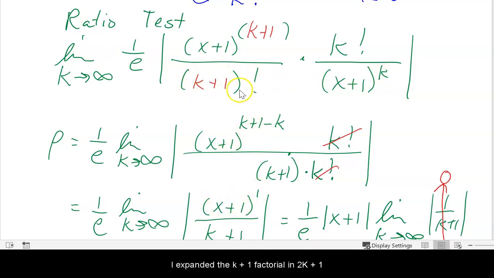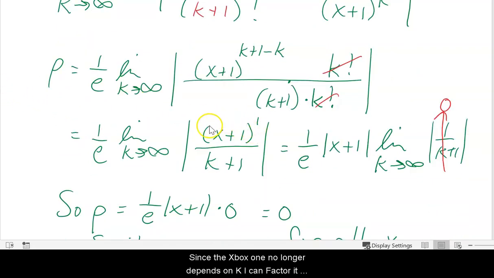I expanded the k plus 1 factorial into k plus 1 times k factorial, which then canceled with the k factorial in the numerator. Since the x plus 1 no longer depends on k, I can factor it out of the limit. Because it has an odd power, I have to include it in the absolute values. This left the limit of 1 over k plus 1, which goes to 0. Thus, the limit is 0.